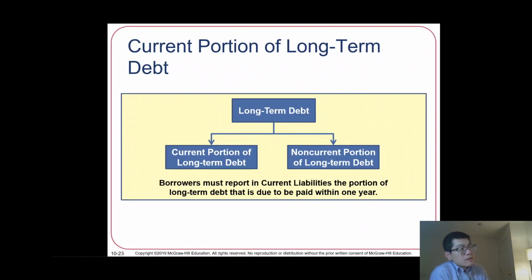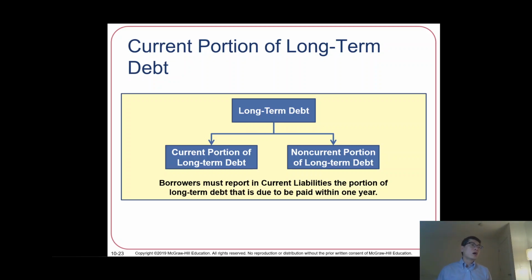Now, the current portion of long-term debt. We have long-term liabilities and current liabilities, but some of the long-term liabilities will become short-term liabilities when the maturity date of those long-term liabilities becomes shorter than a year.